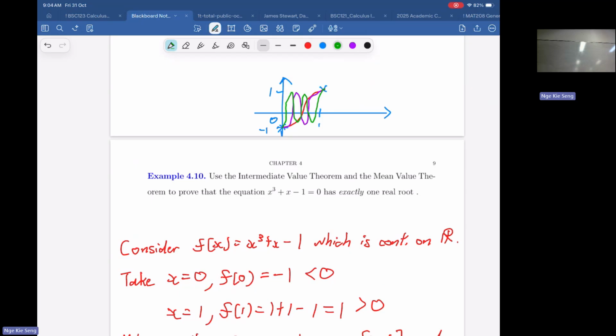Because what we have shown is just that within this 0 to 1 interval, there's only one real root. We have other real roots for x less than 0, for x greater than 1. Can this graph go down again, having a solution? When we have this kind of graph, is it possible? Can we have a real root at other x's other than 0 to 1?